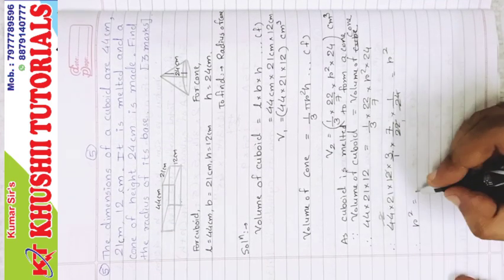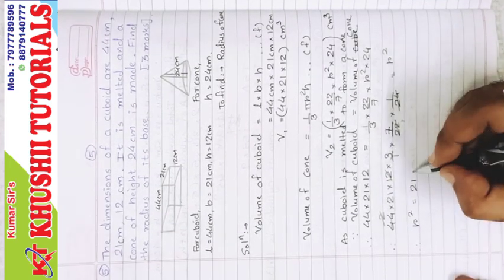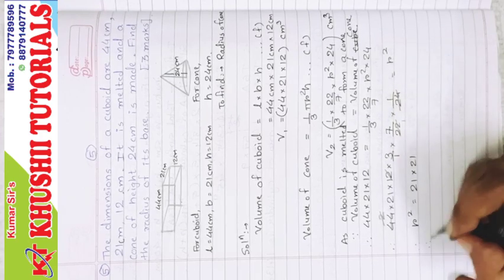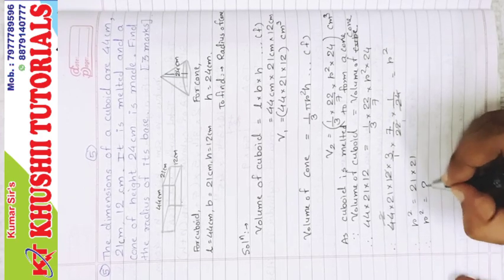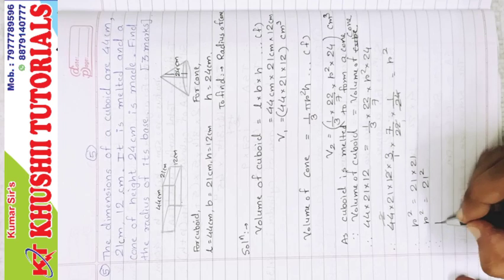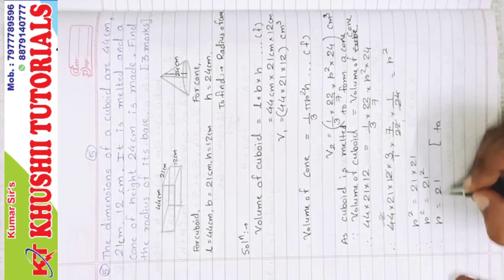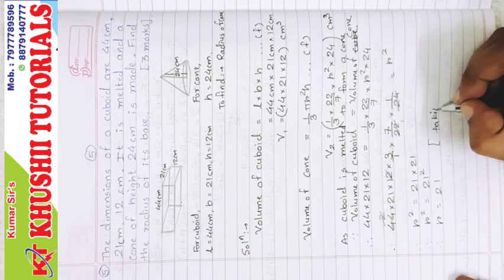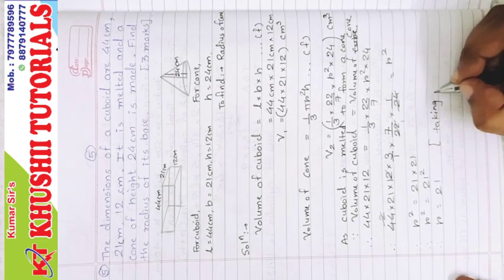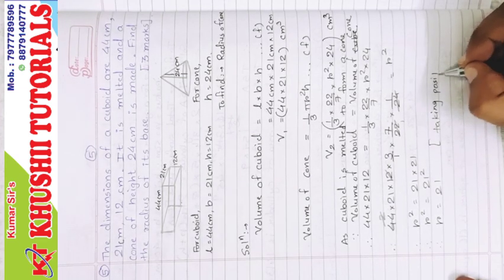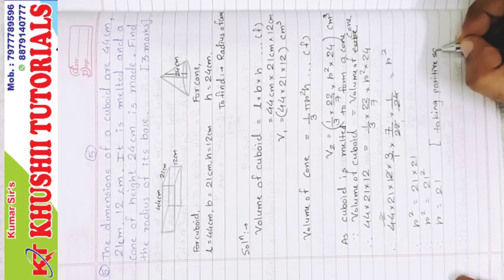Now 21 into 21, 7 3s are 21, therefore r square equals 21 square, and therefore r equals 21, taking positive. Radius cannot be negative, so definitely we'll take only the positive square root.